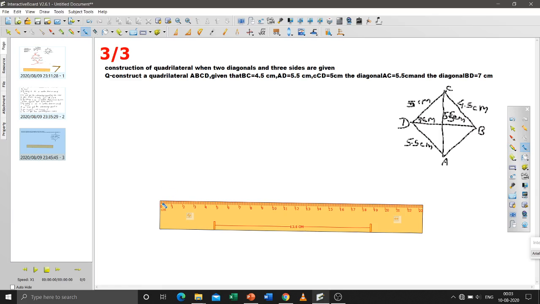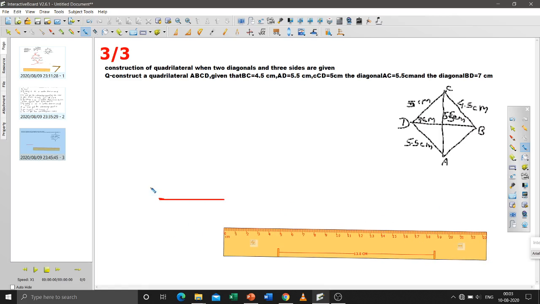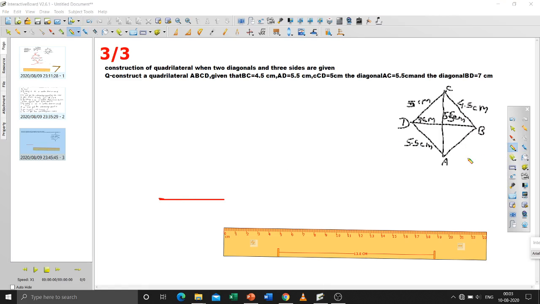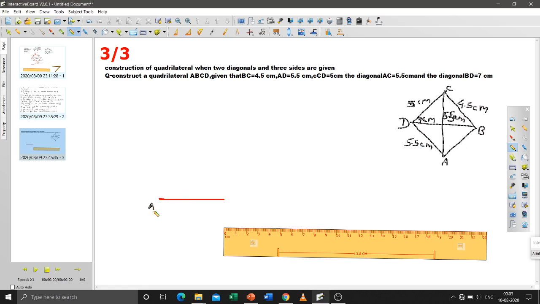Now we will mark the name of the side: this is AC, 5.5 centimeter.